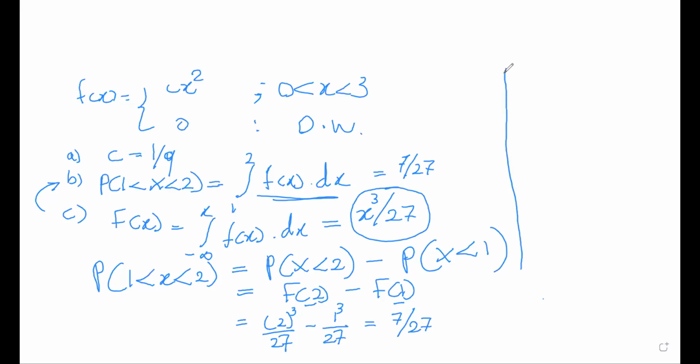So the summary is, in the discrete case, f(x) can be written as probability of X equals x, simple x, right?